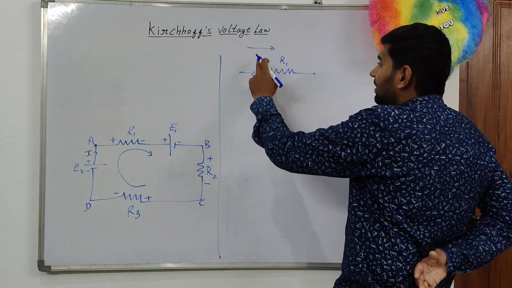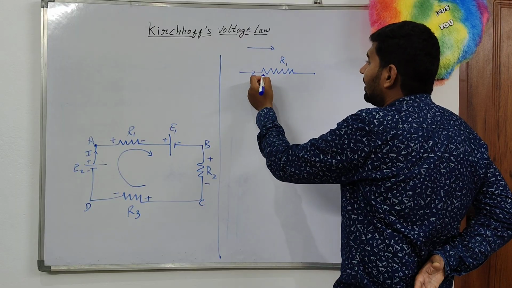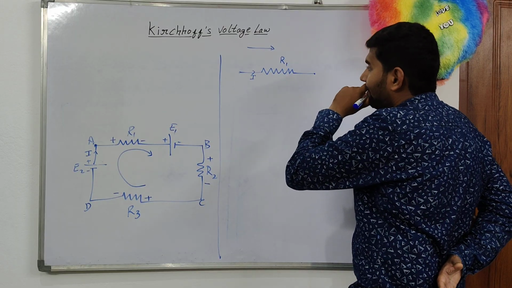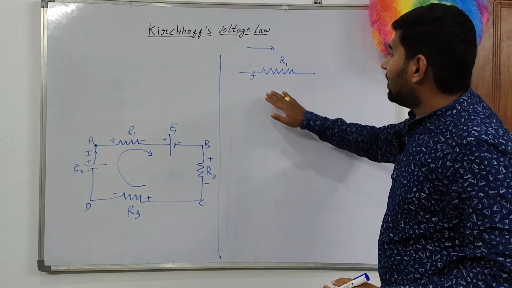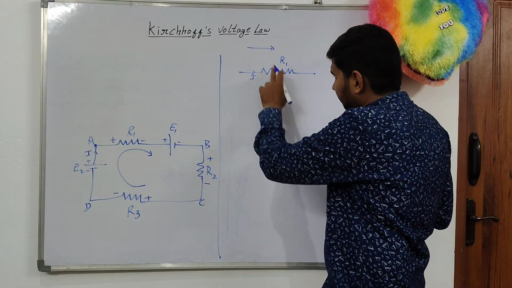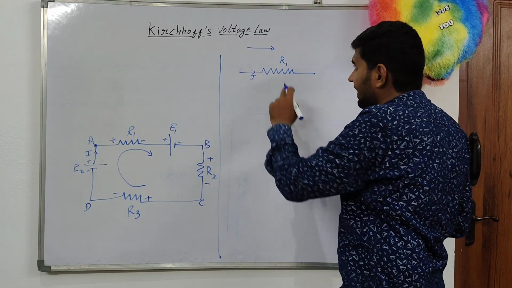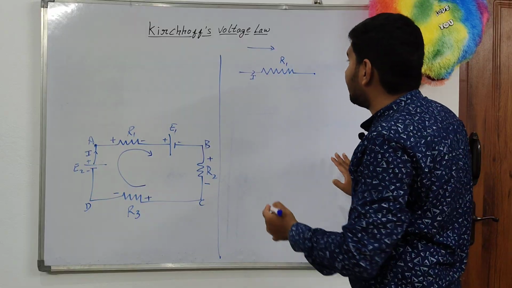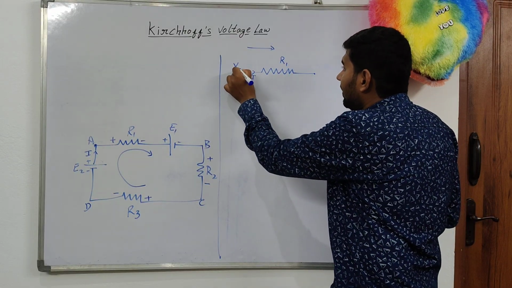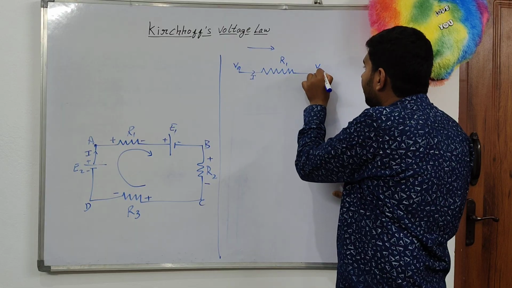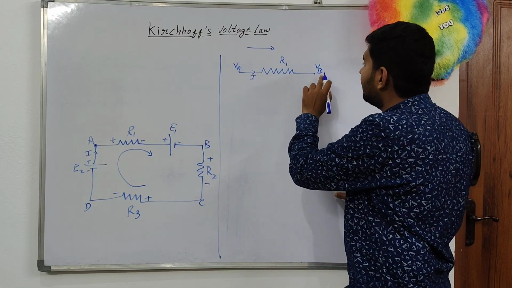If both directions are same, we know that the current is passing from higher to lower. Let us assume this is VA, this is VB. Here what is the potential difference?